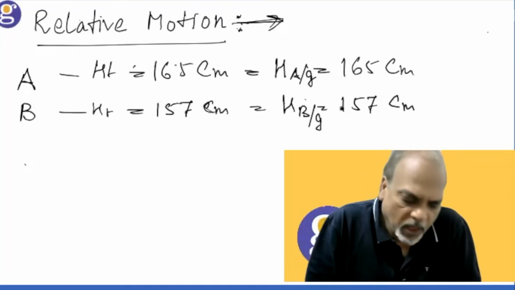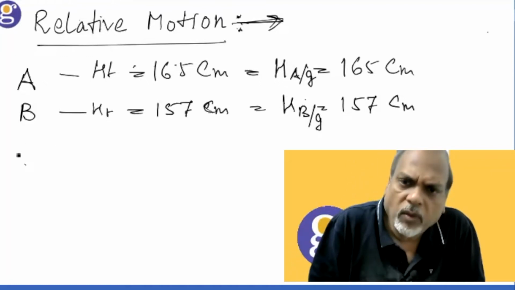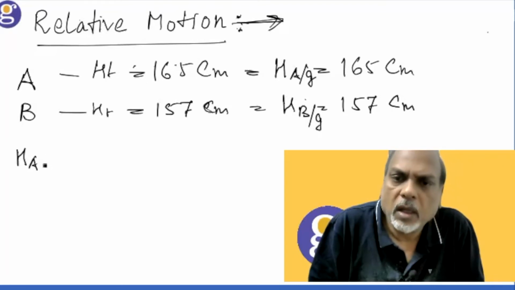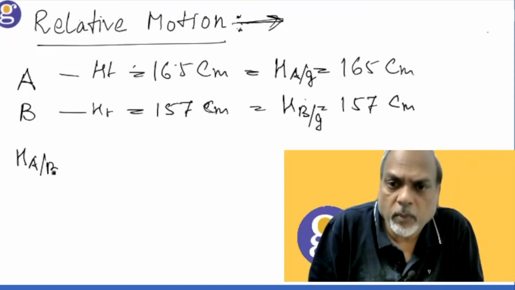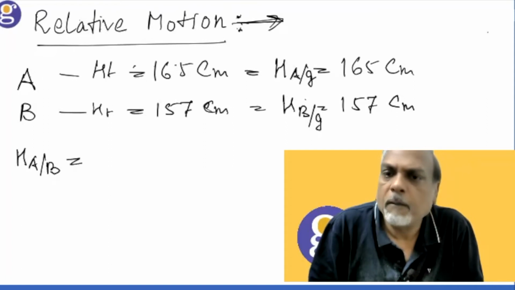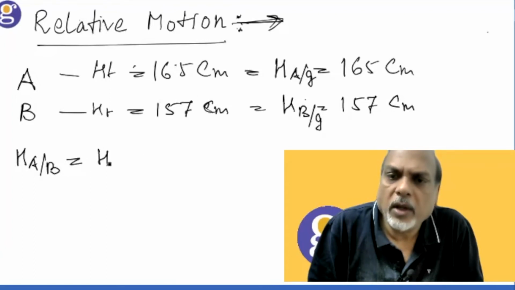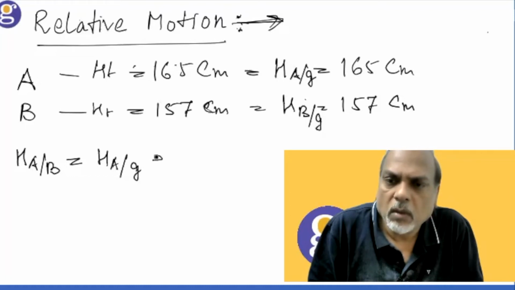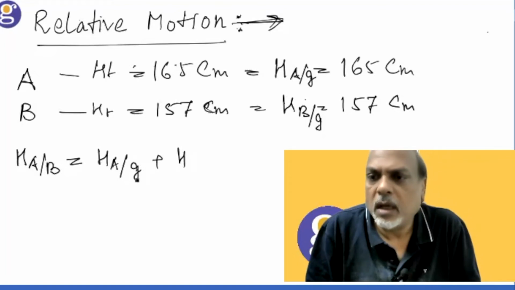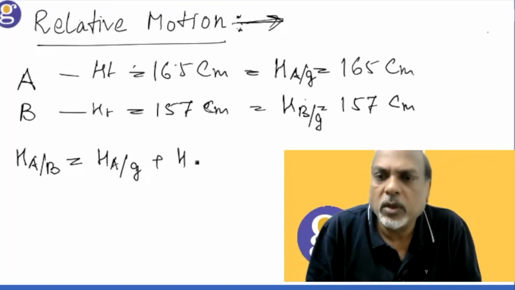Correct? So suppose you have to find out height of A with respect to B. So with the data, we can write height of A with respect to ground plus height of, now here ground is in the denominator, so here it will come in numerator.